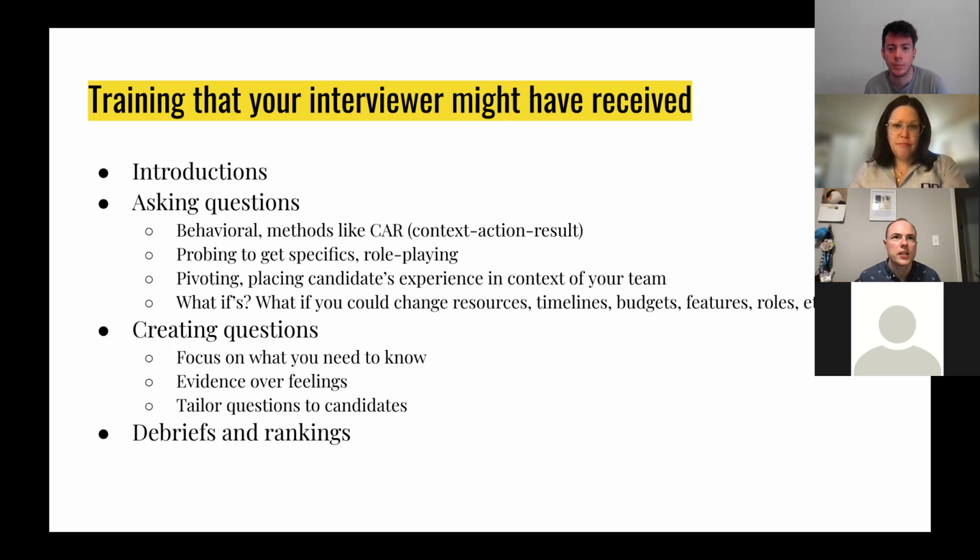I'll touch briefly on debriefs and rankings. Companies probably have very different processes for this. We would have to answer some questions about candidates afterwards, and it was basically summarizing their answers to our questions. We didn't rank people and assign them numbers or anything. We just had to answer a question: would you recommend this person for this role?